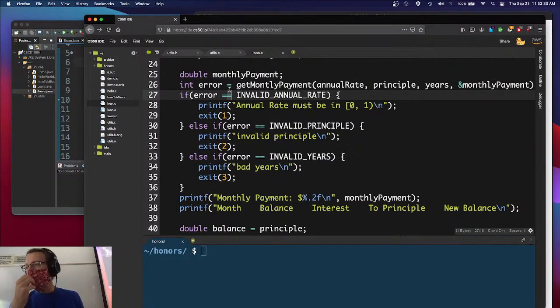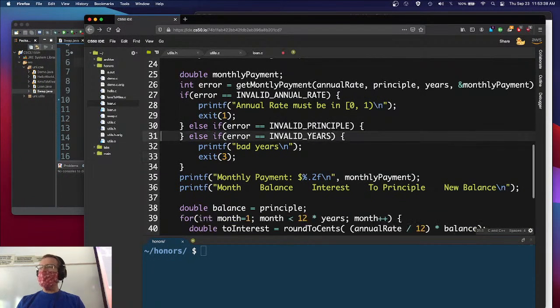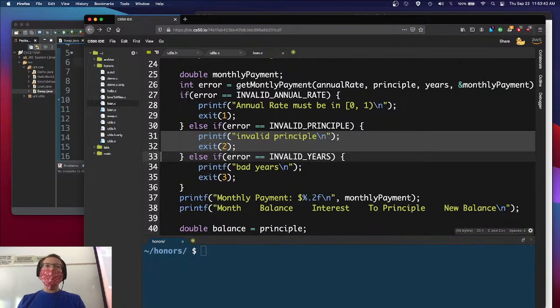With exceptions, what if I don't care if there's an invalid principal? I did input validation, and I don't ever need to handle that at all. With this kind of approach, you kind of have to. You have to put all these big giant if else if conditions on everything.